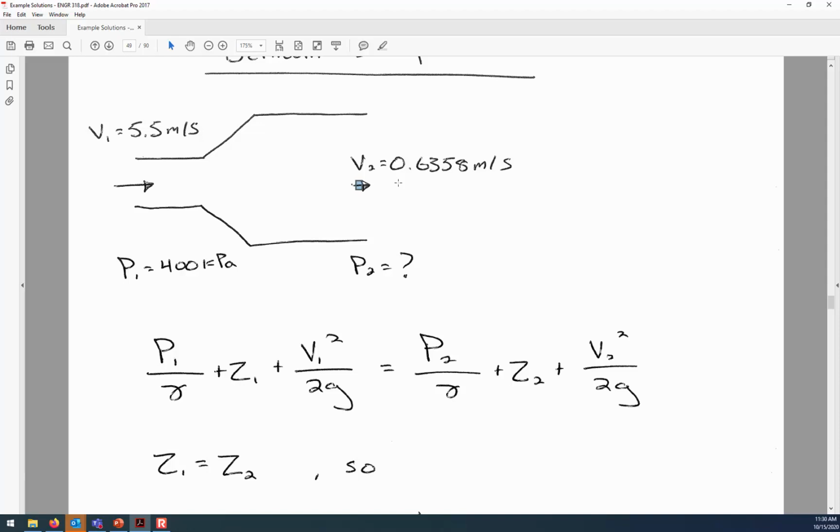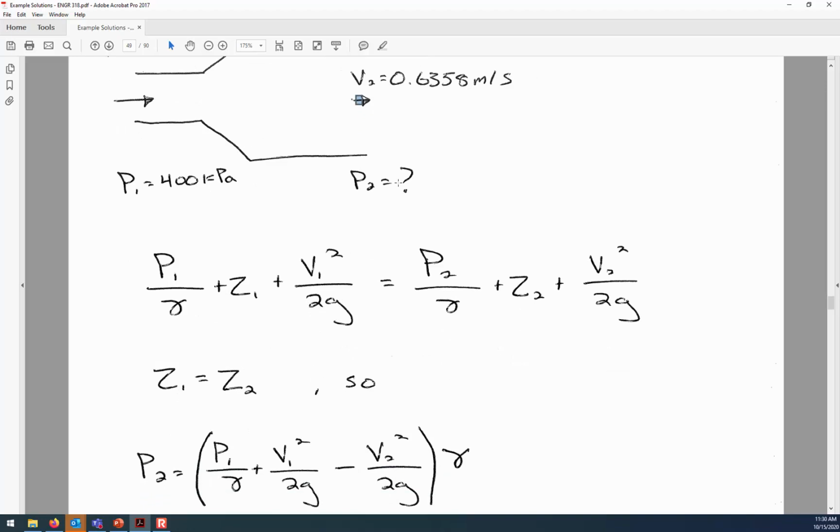So Z1 and Z2 are equal, and then rearranging that equation to solve for the unknown P2, you can see what we're going to have is the sum of the energy at 1. Some of the energy at 1 is tied up in the pressure head. It takes a certain amount of energy to pressurize the fluid to 400 kilopascals.